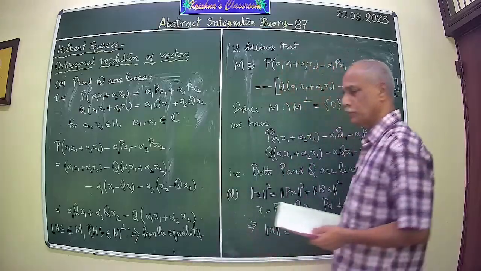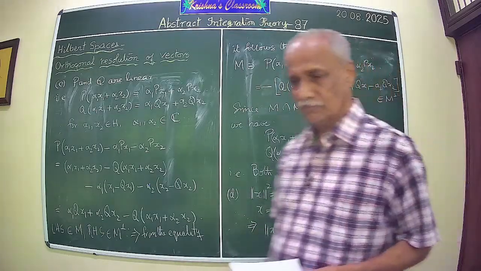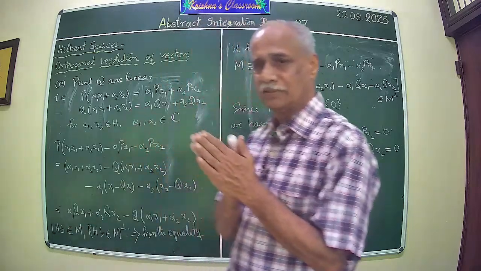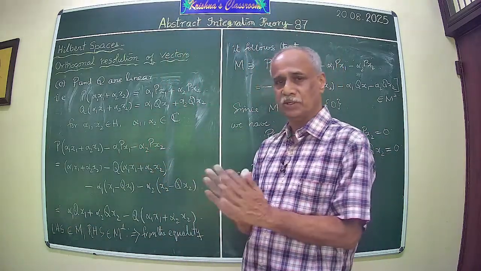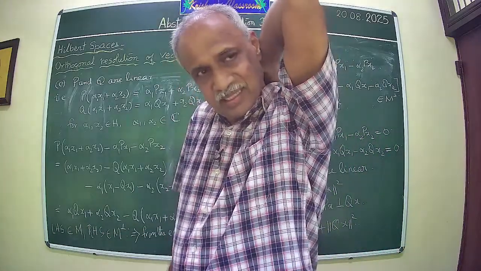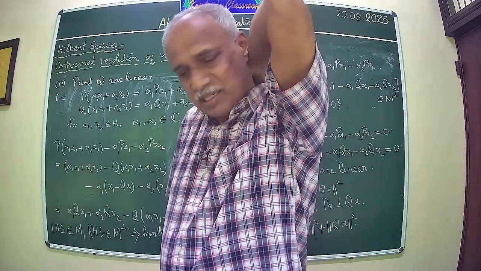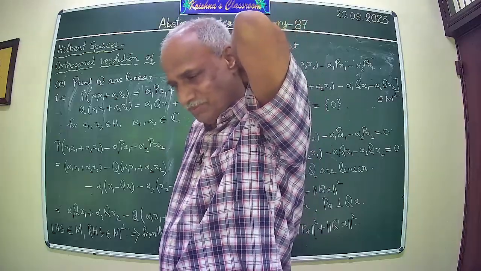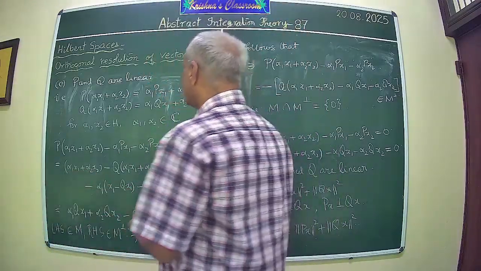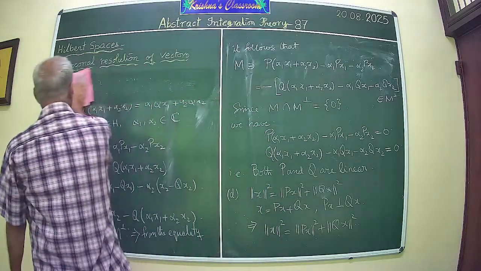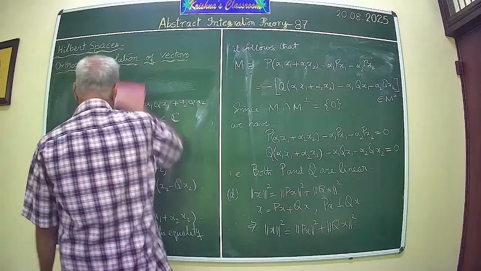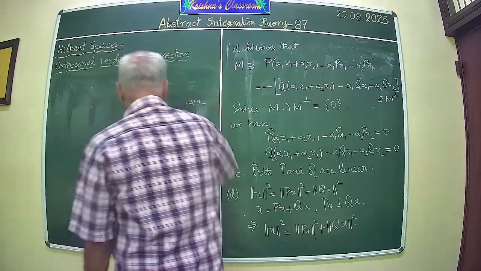So that completes the proof of the theorem. Okay. So every vector in H is endowed with a unique mutually orthogonal resolution, or decomposition. So we just sum up in one sentence.